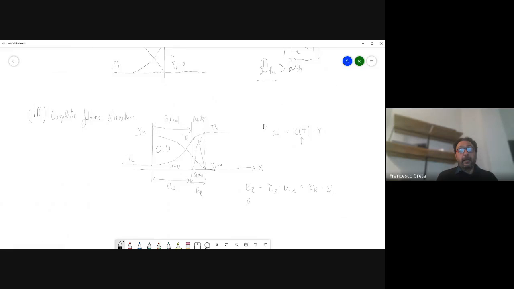And the diffusive thickness will be essentially a diffusive time scale times SL. Because clearly the reaction time is much, much smaller than the diffusive time, clearly we have that LR is much smaller than LD. In the next lesson, we're going to look at how to estimate the ratio of these two rigorously.